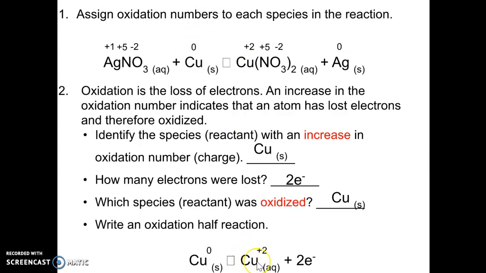Now, when it does so, it is losing 2 electrons. Now, the reason why I wrote 2 electrons on the product side is because if you look at the charges here, +2 and 2 minus cancel each other out to make 0. So you can also think of this arrow as an equal sign, and you need the charges on the left side to equal the charges on the right side.